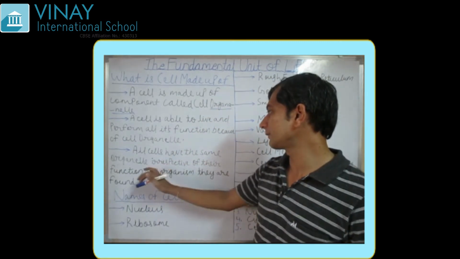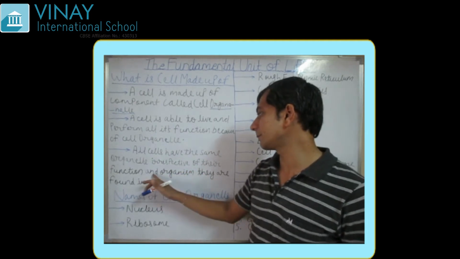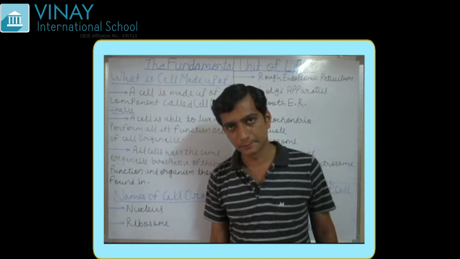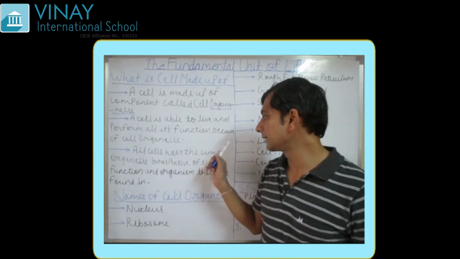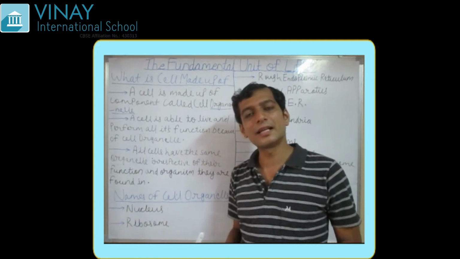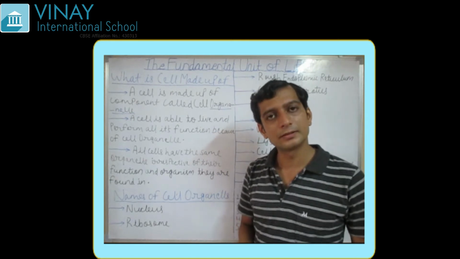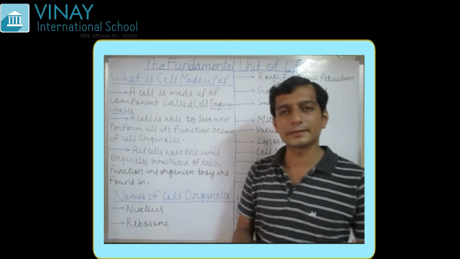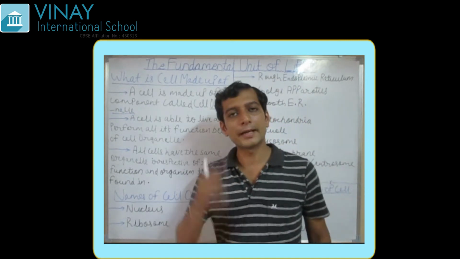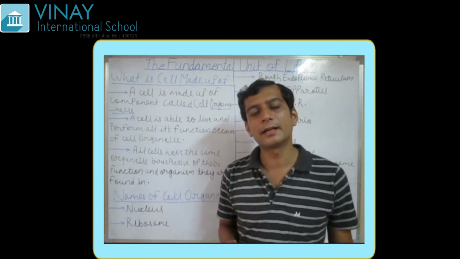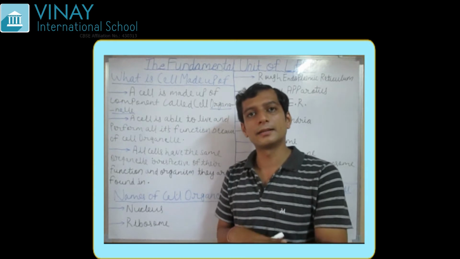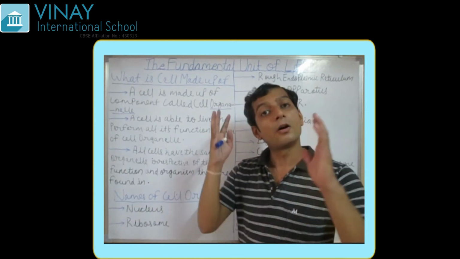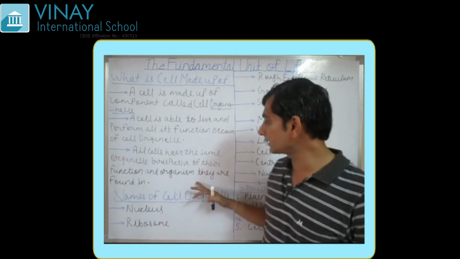All cells have the same organelles irrespective of their function and the organism they are found in. It means all these cells have the same organelles. It doesn't matter that, for example, the cell in my brain and the cell in my hand, all of them have the same organelles.